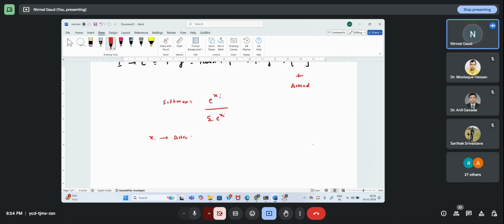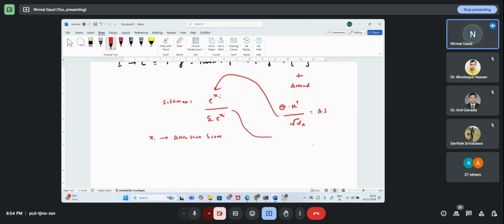You get this score by Q dot K transpose divided by the square root of dk. You give this attention score to the e power and take the summation of all the attention scores.